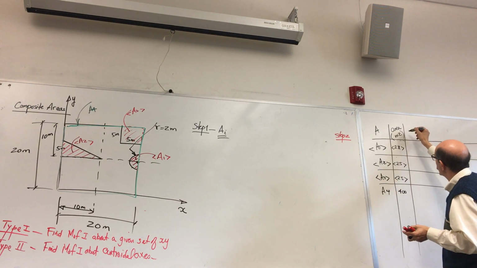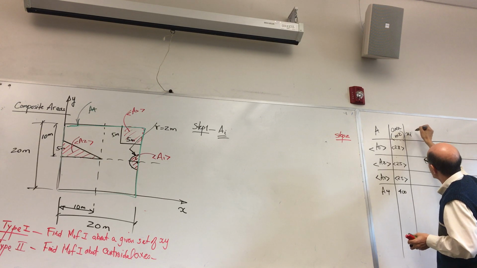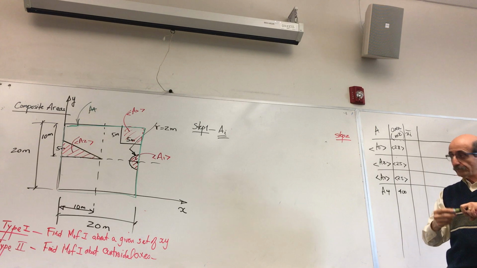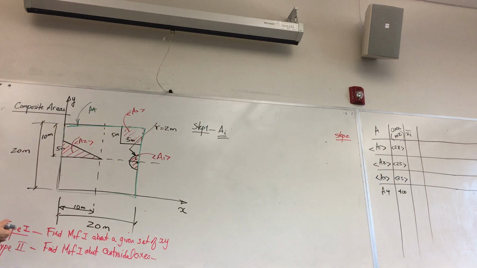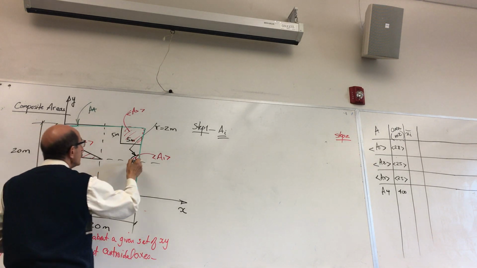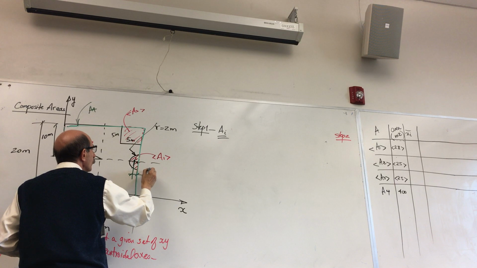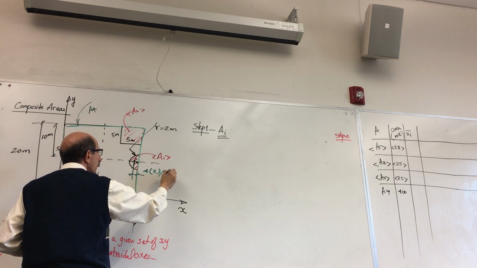Second column, you know by heart now, right? So you set up xi, which is the distance from the y-axis to the centroid of each of these shapes. For A1, you know that this is 4 times r divided by 3 pi.